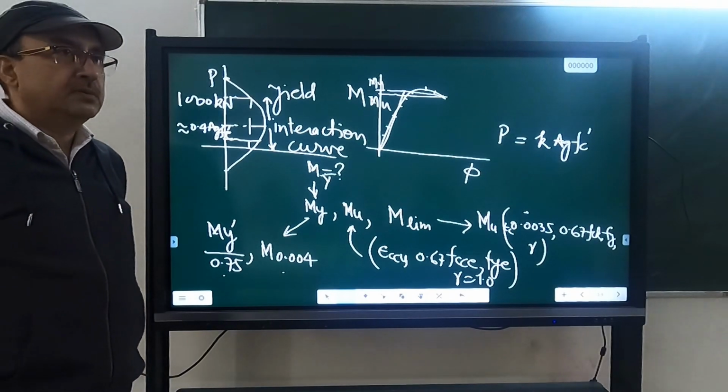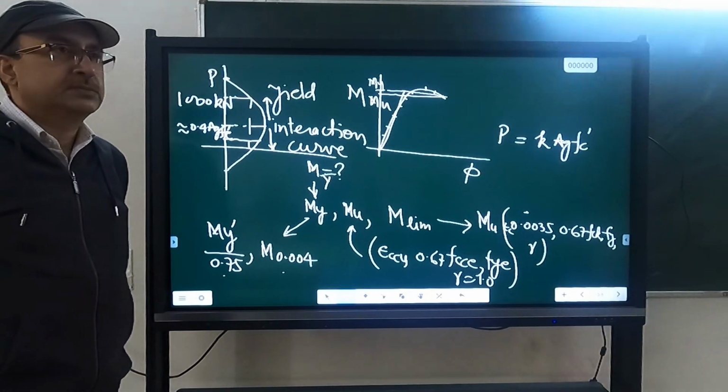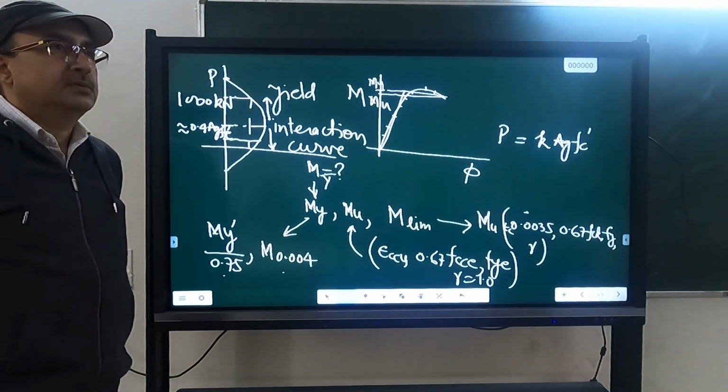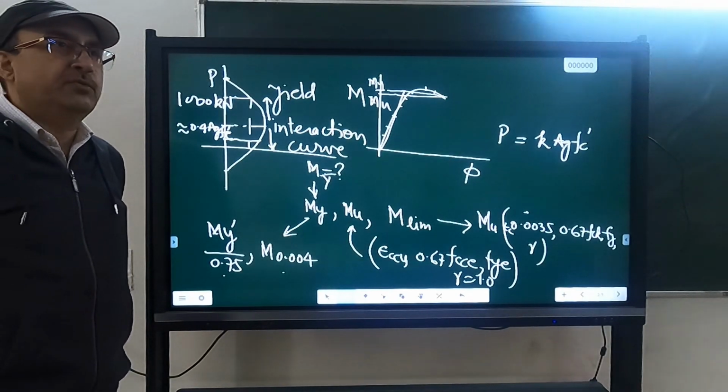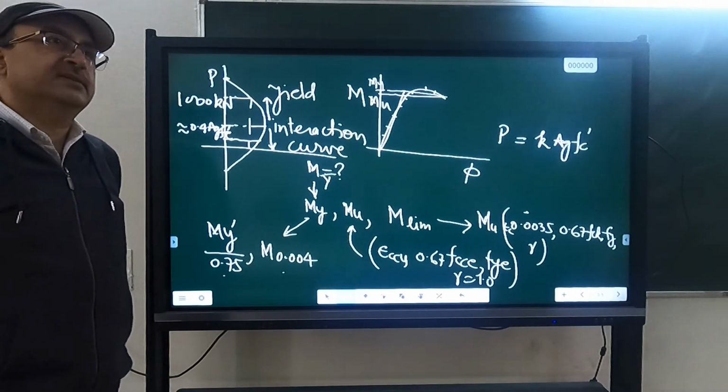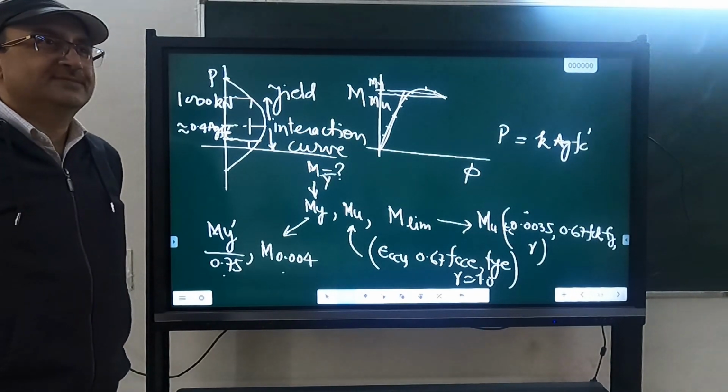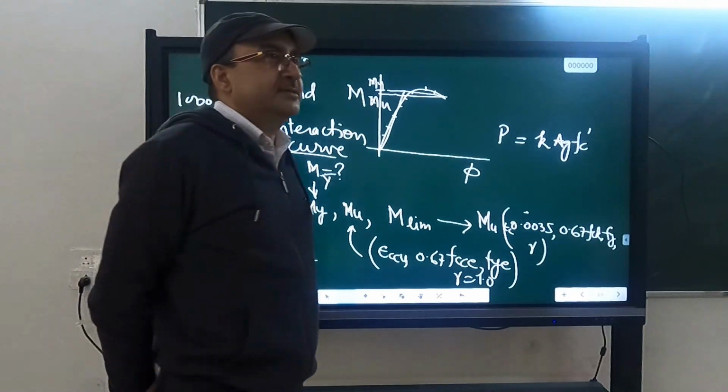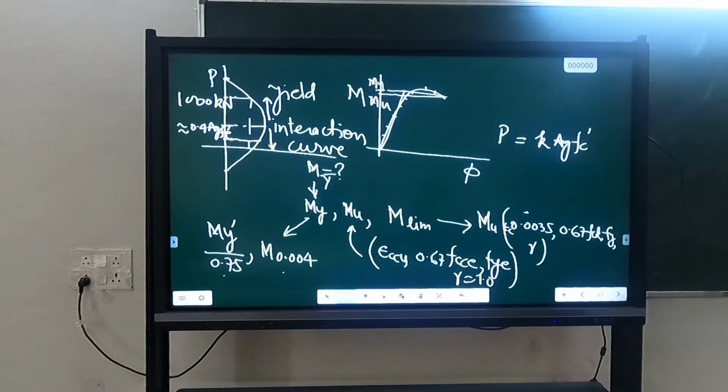Then I know both steel and concrete, then I can take actual capacity P equal to some percentage of this. You can take it if you want. That's why I said it is fun. You can take that value of Pu, not in terms of AG FC dash, but in terms of actual capacity. You can do that as well.